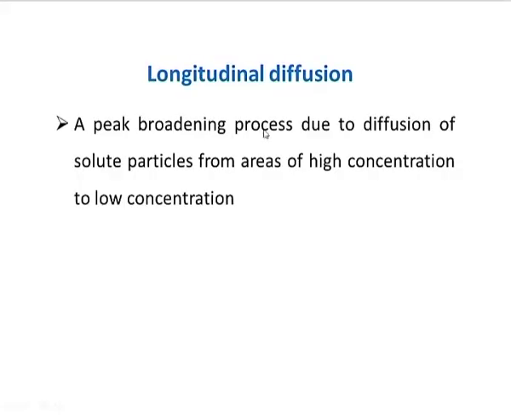This factor is longitudinal diffusion. Now, what is longitudinal diffusion? Let us see. Longitudinal diffusion is a peak broadening process due to diffusion of solute particles from areas of high concentration to low concentration. This is something we have also seen in one of the lectures when I spoke about the principles of laminar flow.